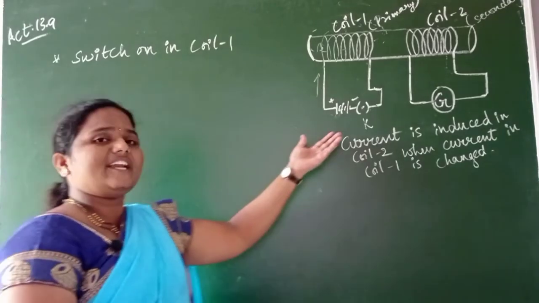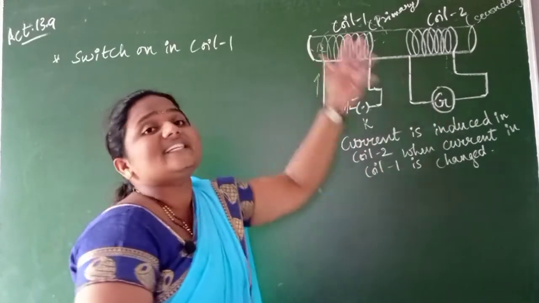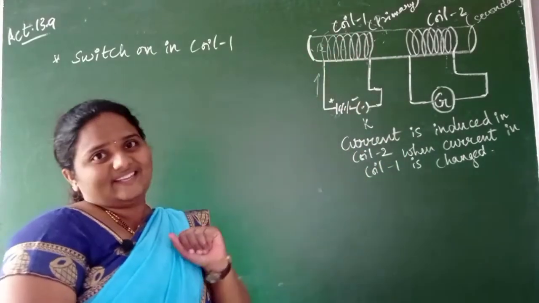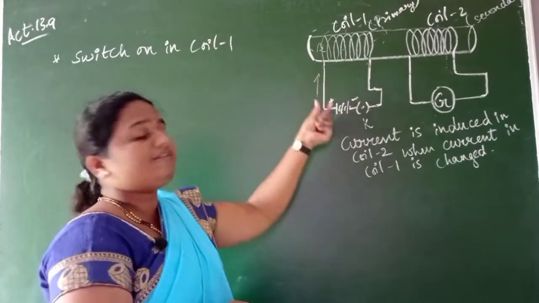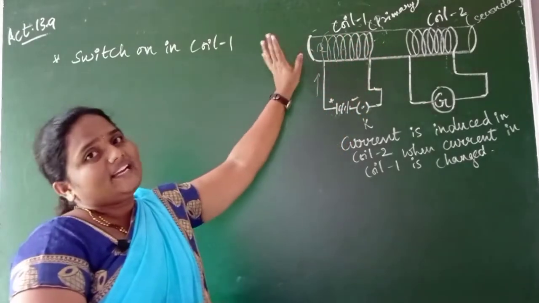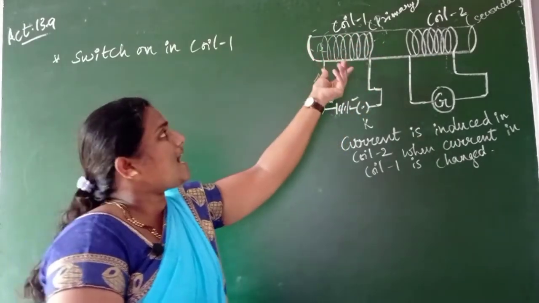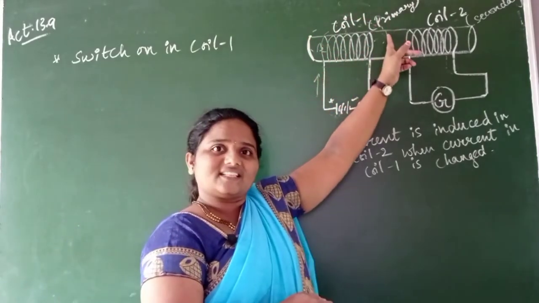We have already studied that when a current carrying conductor produces magnetism, there exist magnetic field lines. So when the current starts flowing from the battery, there exist magnetic field lines around this coil.